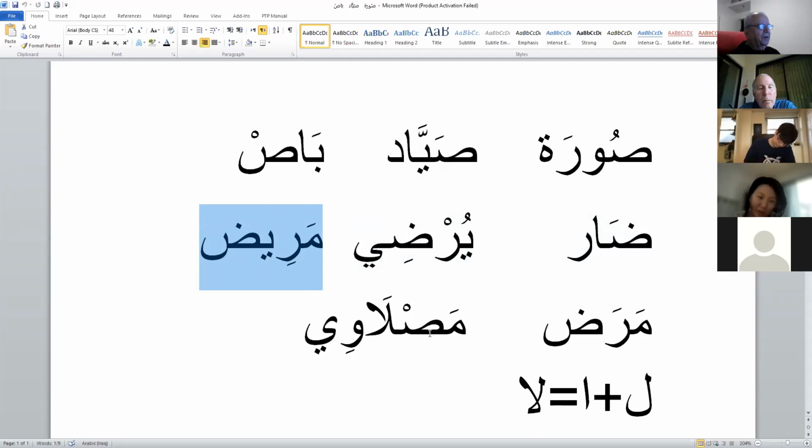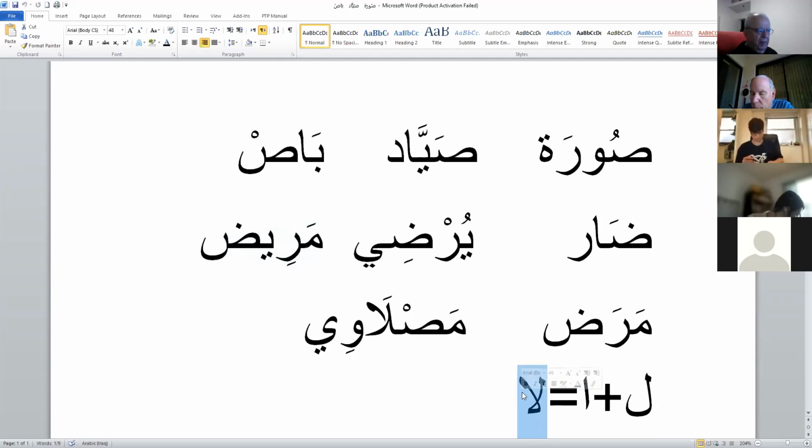Try to read this one. Marid. Okay. Now I'd like to introduce you to this letter. It isn't a letter actually, but you'll see it printed. It is two letters put together. They decided to stick two letters together, and sometimes they look like this, and sometimes they look like something else, which I'll show you right now.